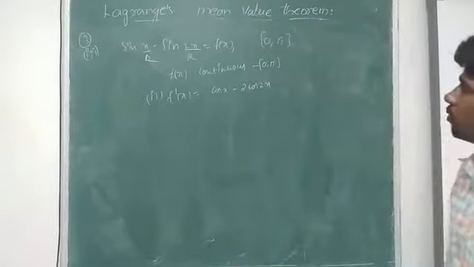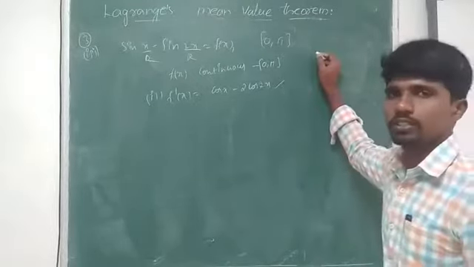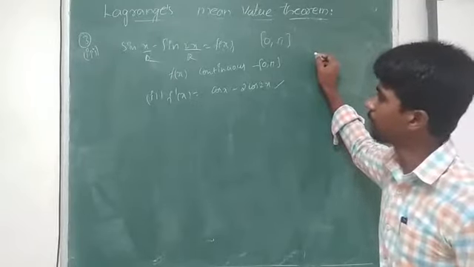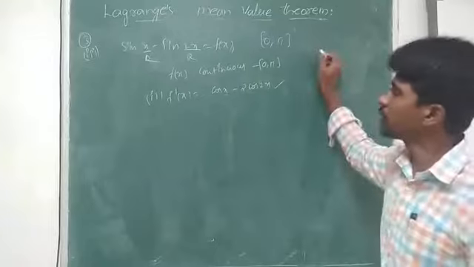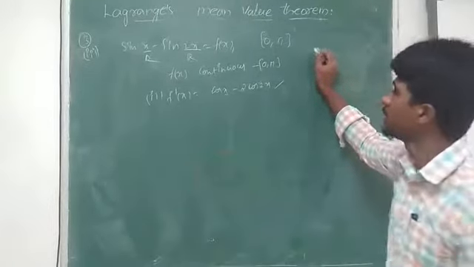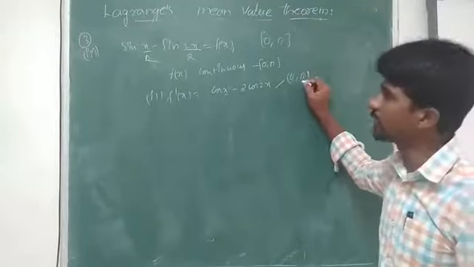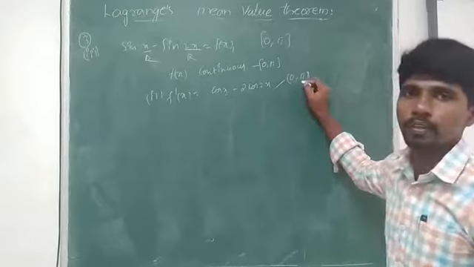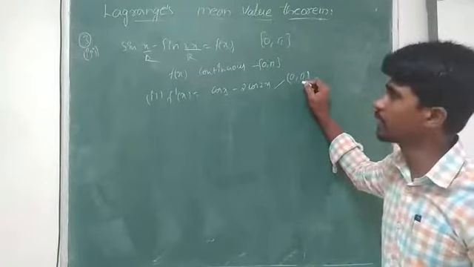So I got cos x minus 2 cos 2x, which exists for all real numbers, because cos is defined for all real numbers. So f dash of x exists in the open interval 0 to pi. Therefore we can say the given function obeys and satisfies Lagrange's theorem.